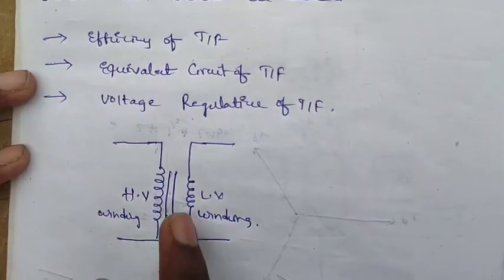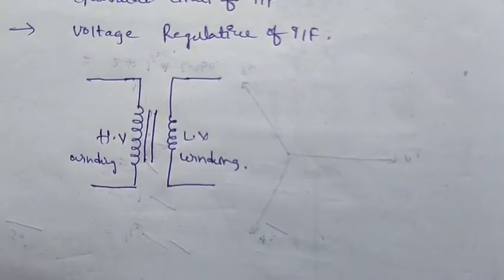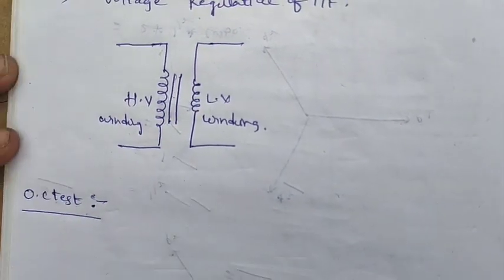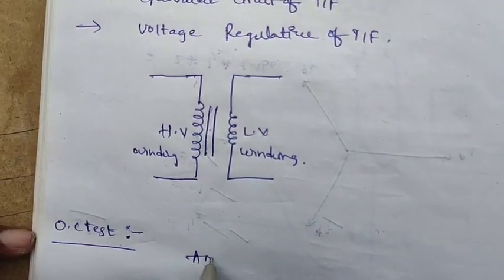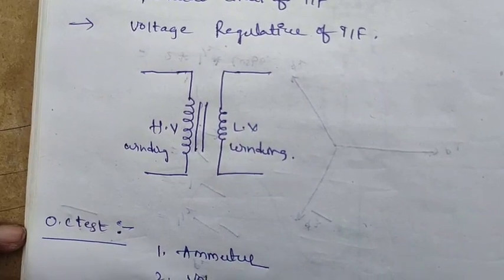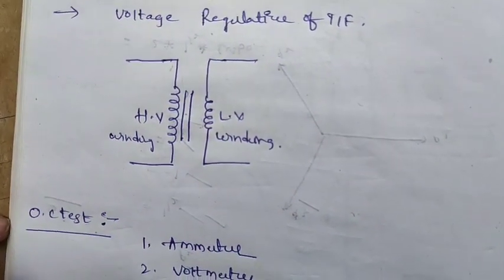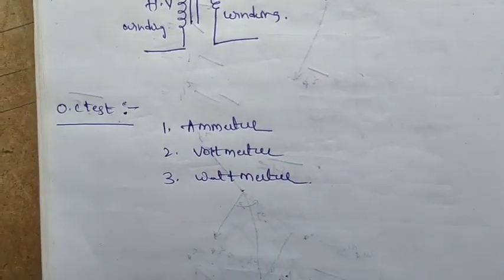This one is the high voltage winding, this one is the low voltage winding. So I am connecting the OC test. For the OC test we require one ammeter, one voltmeter, one wattmeter.